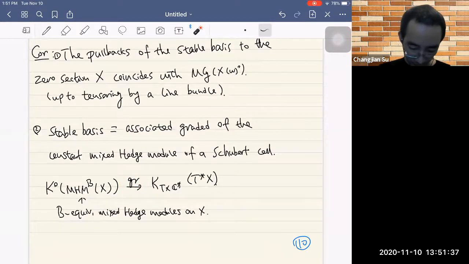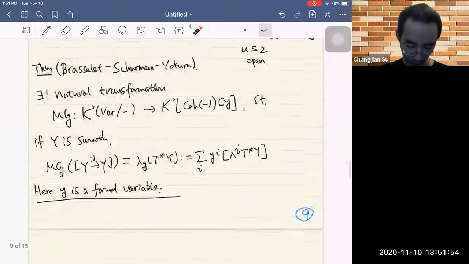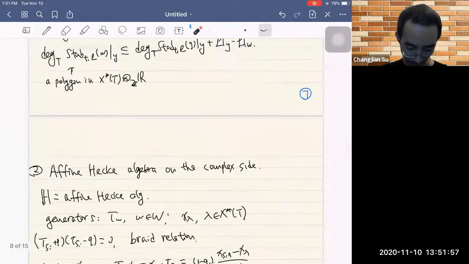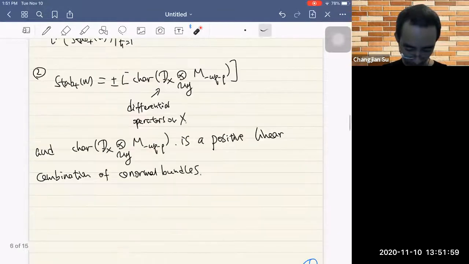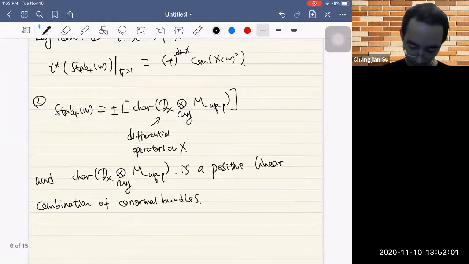Now if you combine, this just says the stable basis elements will be just the associated graded of some constant mixed Hodge modules of a Schubert cell. So this result is really an analog of this result.